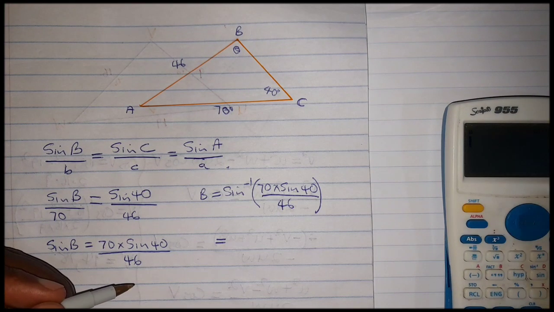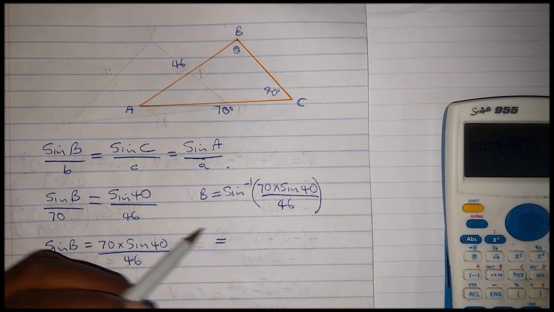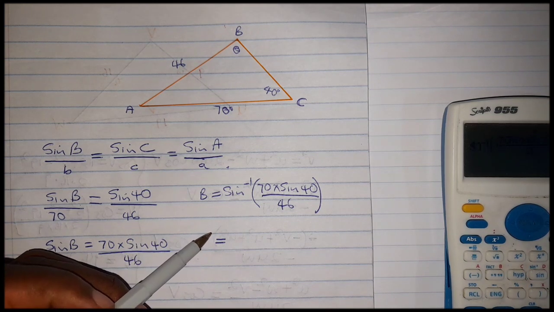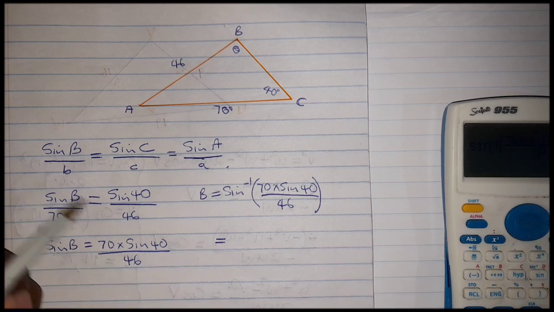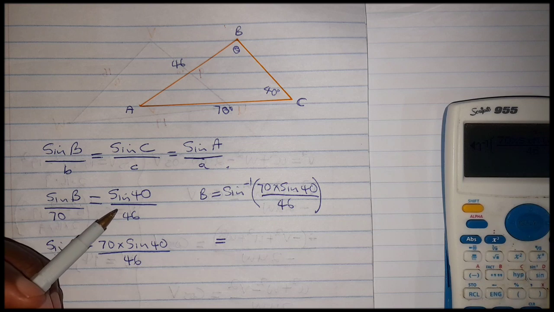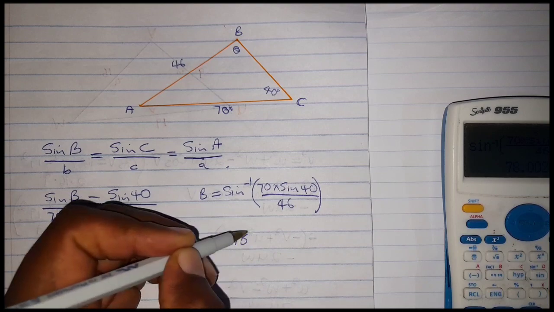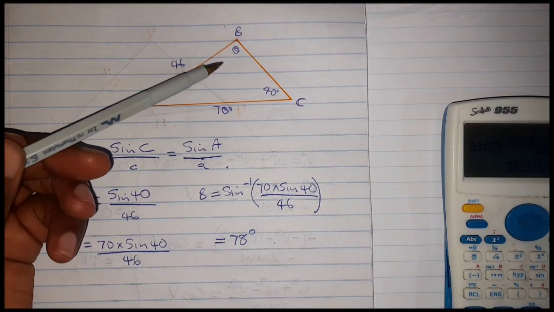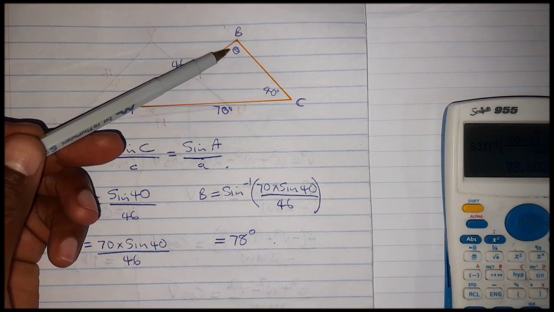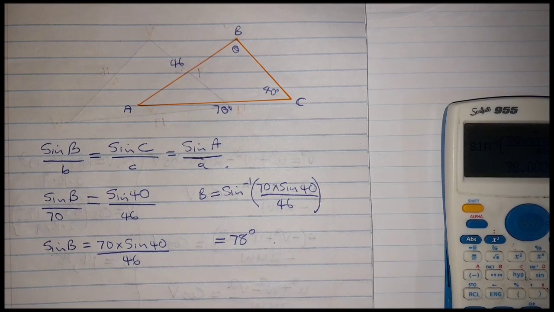Remember, you should always have your calculator when you are working on your maths. 70 times sine 40 over 46. This is 78 degrees. So angle theta here, that is B, is 78 degrees.